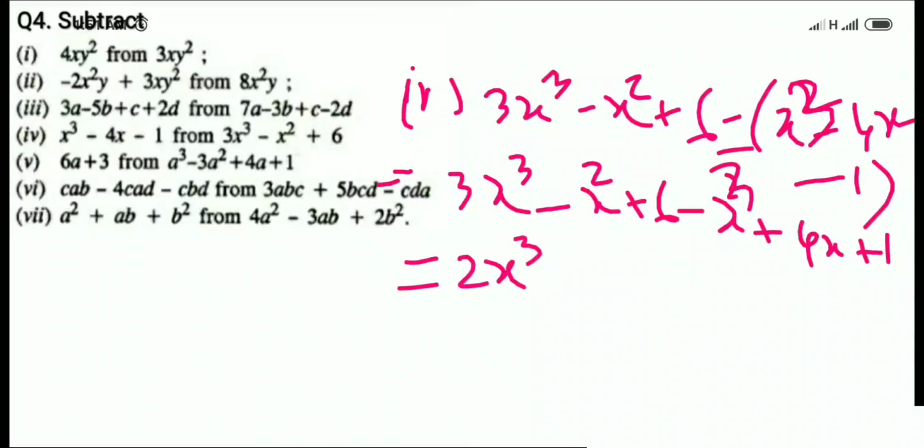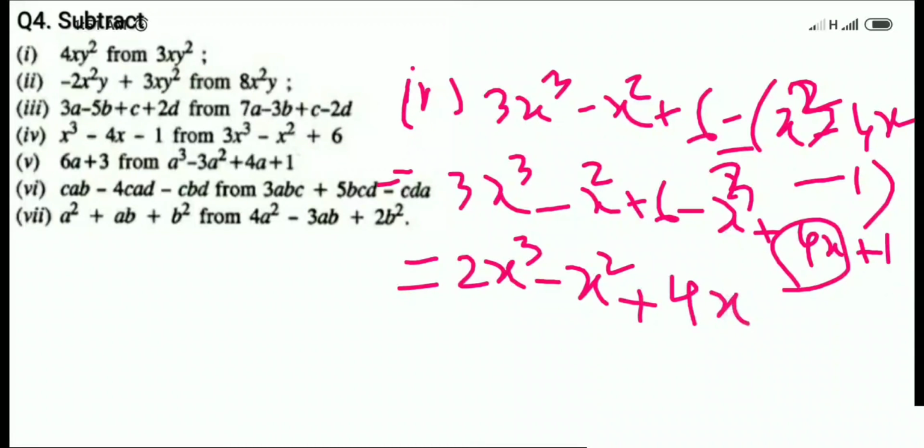The second one is minus x square, which remains there, minus x square. Now we will see x values, that is 4x. This will also remain there, 4x, and plus 6 and plus 1 becomes plus 7. So this is the answer.